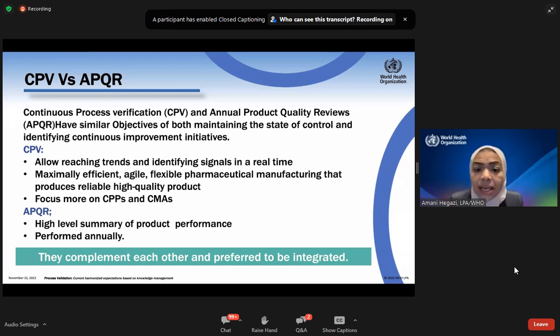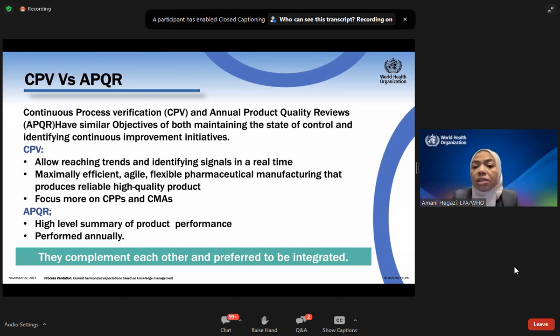So it allows reaching trends and identifying signals in real time. It's maximally efficient, agile, flexible pharmaceutical manufacturing. So it allows the manufacturer to ensure the capability and process performance prior to releasing the batch to the market. And it focuses more on the critical process parameters and critical material attributes.